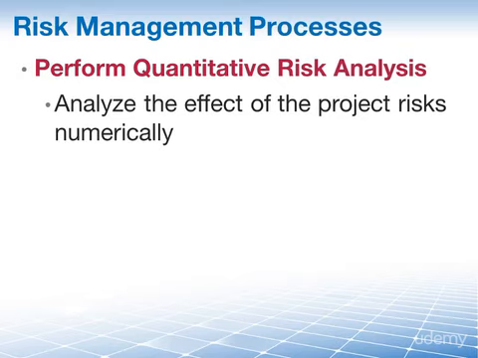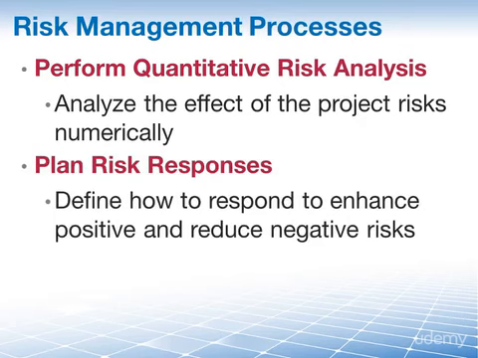Now that we're focusing just on a small subset of that big list of risks that we had created in the identify risks process, we're now going to have to plan our risk responses. What are we going to do about all these risks? This is the process of developing options and actions to enhance opportunities and to reduce threats to project objectives.